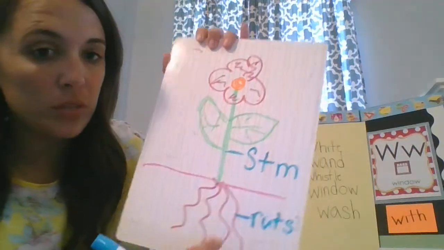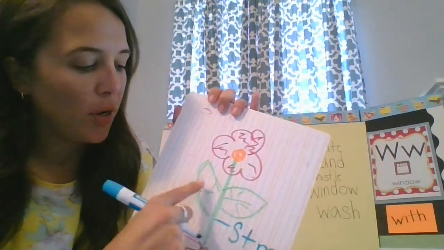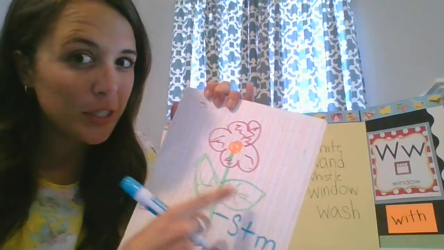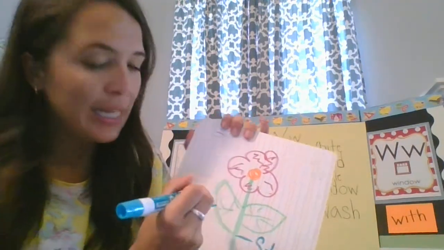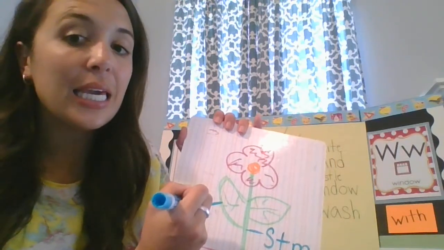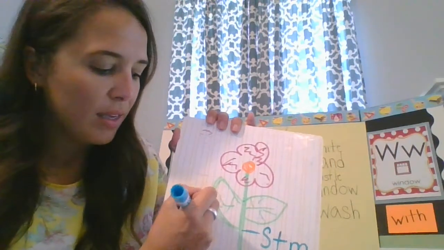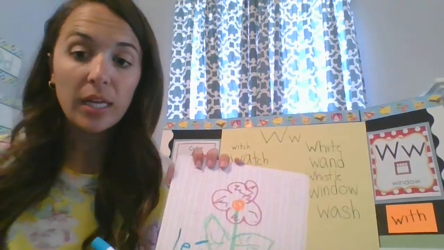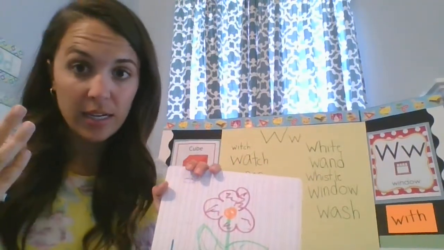So roots, stem. What's the part on the side? The big green parts. A leaf. E. L. E. It makes the sound like football or fan.